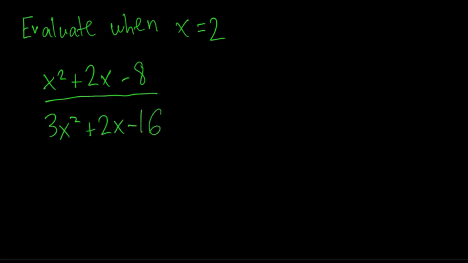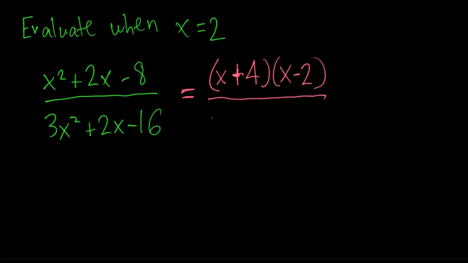Automatically we can see that we're going to be factorizing since these are quadratics. If we factorize the numerator, we will get x plus 4 times x minus 2. And if we factorize the denominator, we will get 3x plus 8 times x minus 2.